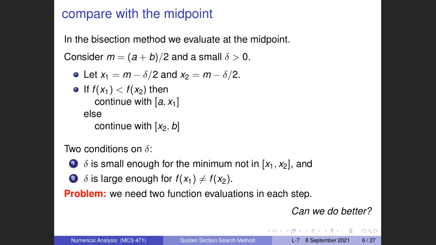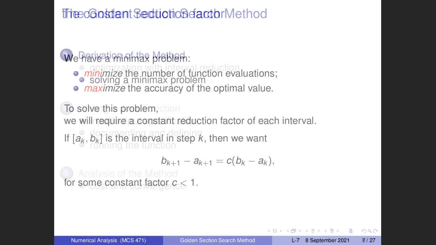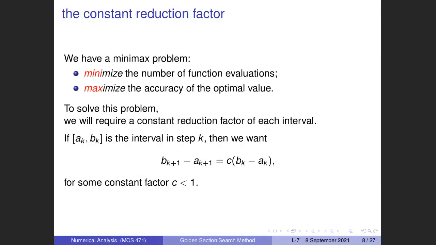So can we do better? Can we actually get an interval reduction in every step with only 1 new function evaluation? It will turn out that we can do better. So let us look into what the problem is now.